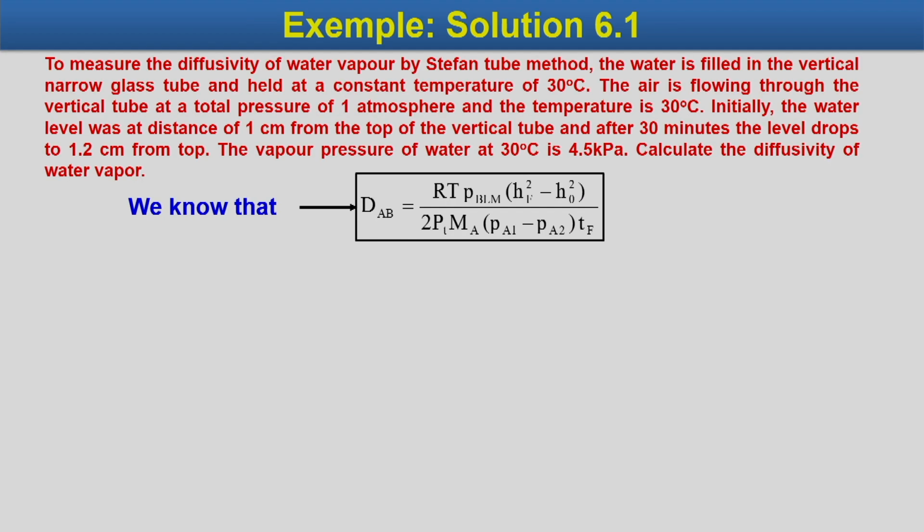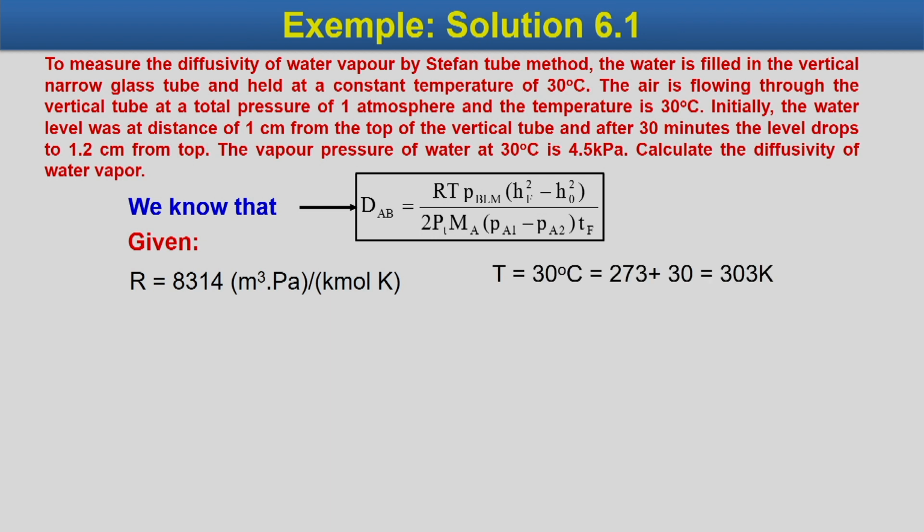So, we know that DAB, the diffusivity of component A in B, would be equal to RT PBLM, Hf square minus H naught square, divided by 2 PT Ma into Pa1 minus Pa2, into Tf. The data given: R is known to us, 8314 meter cube Pascal per kilomole Kelvin. T is 30 degrees centigrade, which is 273 plus 30, 303 Kelvin.